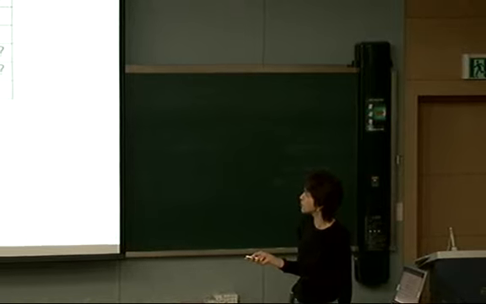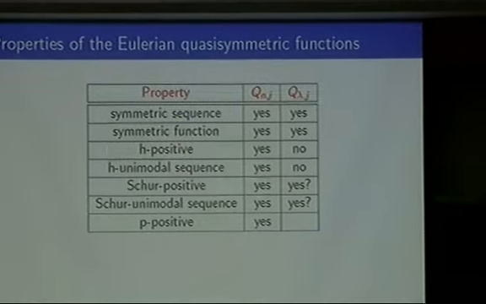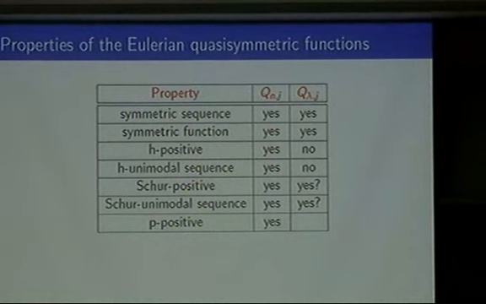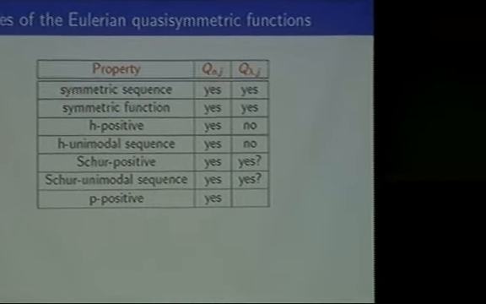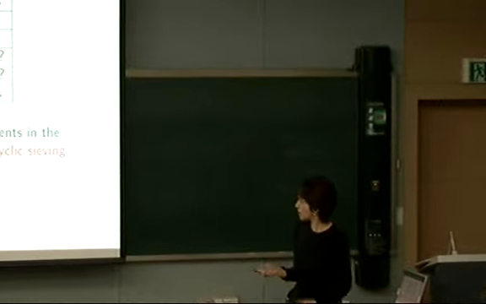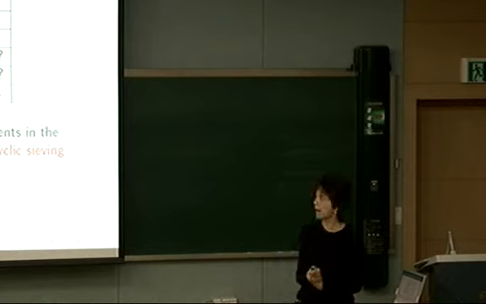Okay, so I've added Schur positive and Schur unimodal with question marks. And now what about p positive? So Shareshian and I conjectured by checking on the computer that these are p positive. And recently, in a joint paper with Bruce Sagan, we're able to show that they are p positive, and we give explicit coefficients in the p-basis expansion of these quasi-symmetric functions.